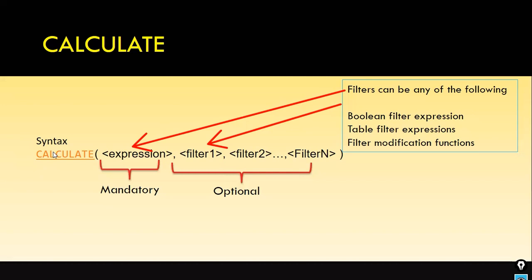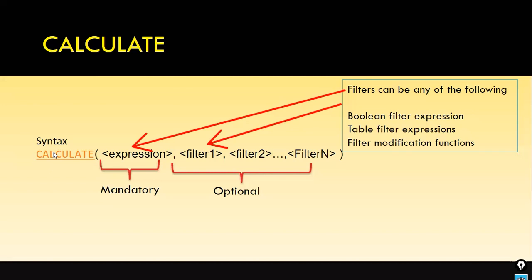I showed you when I used a SUMX function as part of the calculated column, and when I used a calculate function there, it was doing the context transition from row context to filter context.